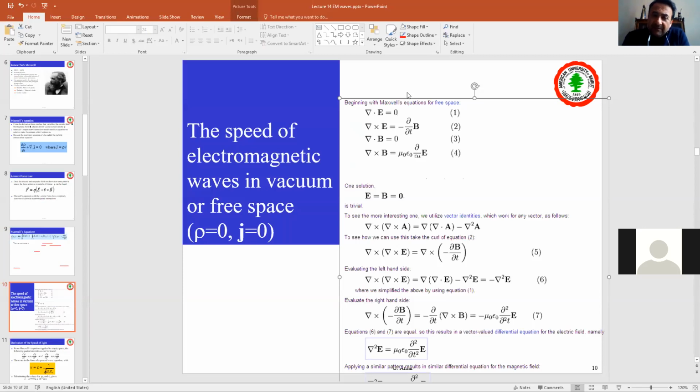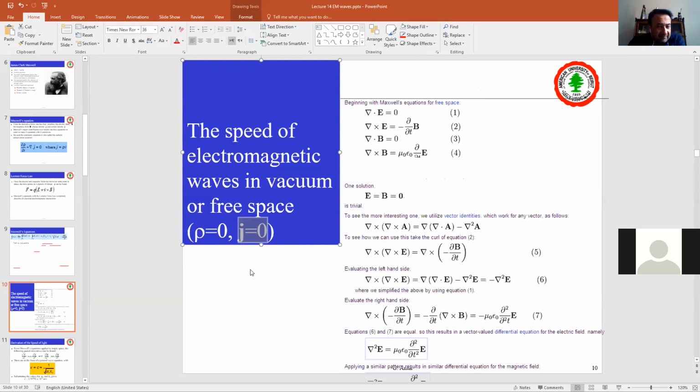Let us assume for a second that the Maxwell equations, developed by the various authors, are responsible for this radiation, for this propagation. In this case, I don't have a charge. It's just the laser. If I don't have a charge, then my rho is equal to 0, which means I don't have any charge there. And also my J is equal to 0 because I don't have any electrons.